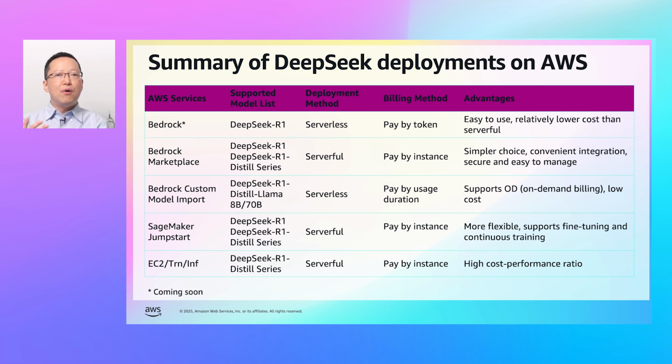Bedrock Custom Model Import employs serverless architecture with usage-based billing, and Amazon SageMaker JumpStart excels in fine-tuning and continuous training with enhanced flexibility, while EC2 or Trainium or Inferentia offers deployment with optimal cost-performance ratio.